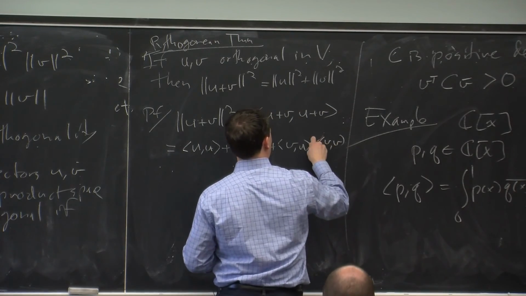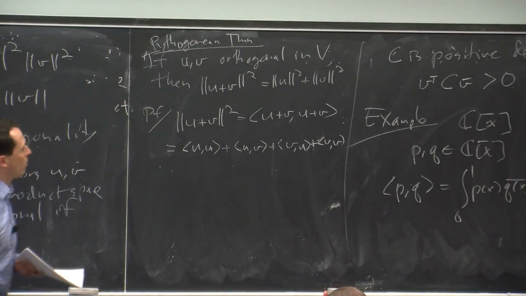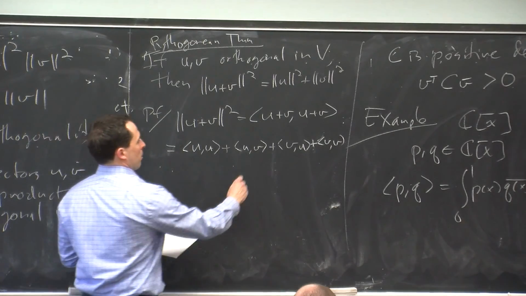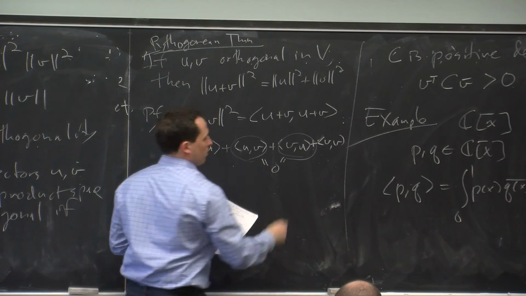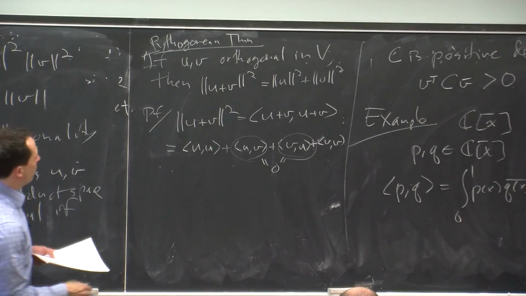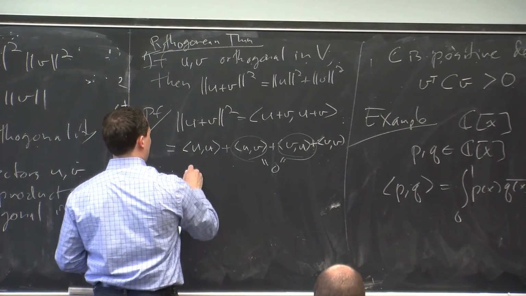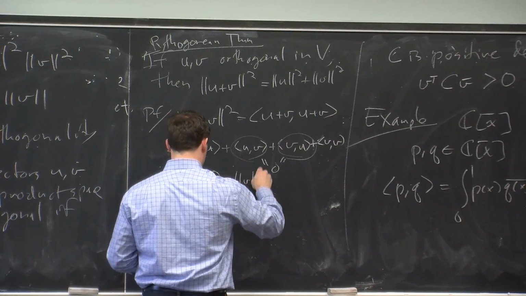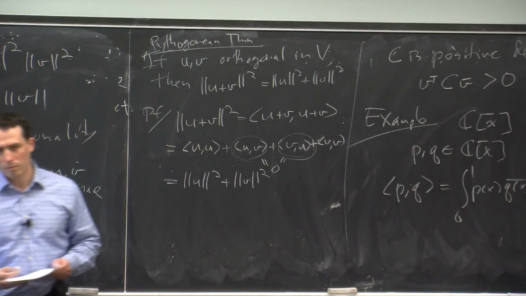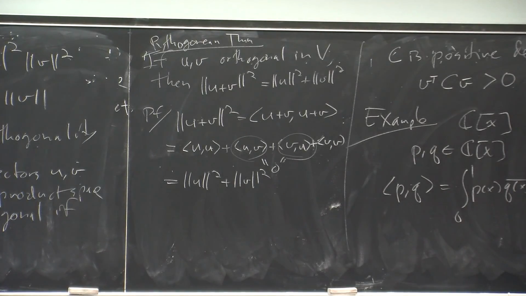Sorry, these are pluses. Okay, it's the sum of those things. But UV and VU are both 0 because U and V are orthogonal. And so these are the norm of U squared plus the norm of V squared. So that's what makes that tick.